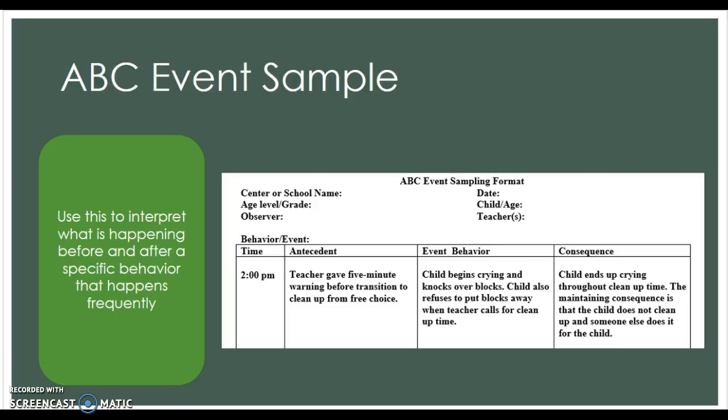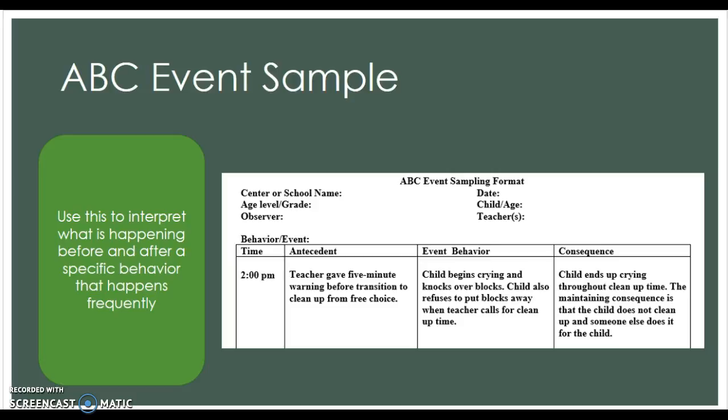The purpose of this is to interpret what's happening with a specific child before and after a specific behavior. So this is for a behavior that's probably happening relatively frequently, and you're trying to dissect and interpret maybe what's causing it and what happens afterwards, to gain a deeper understanding of the behavior and how to better support the child.